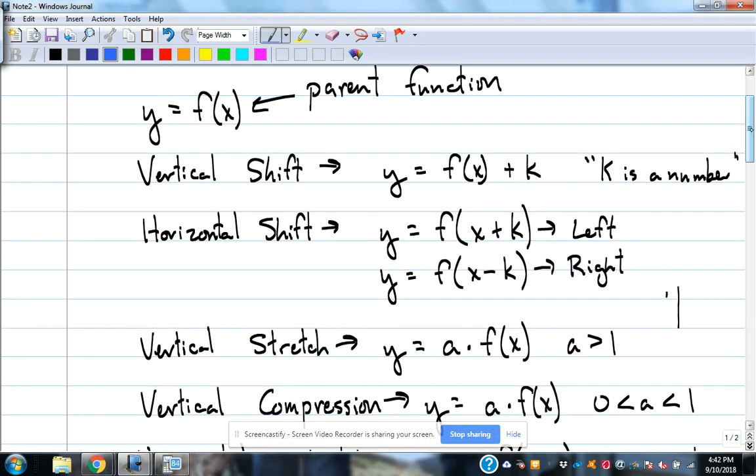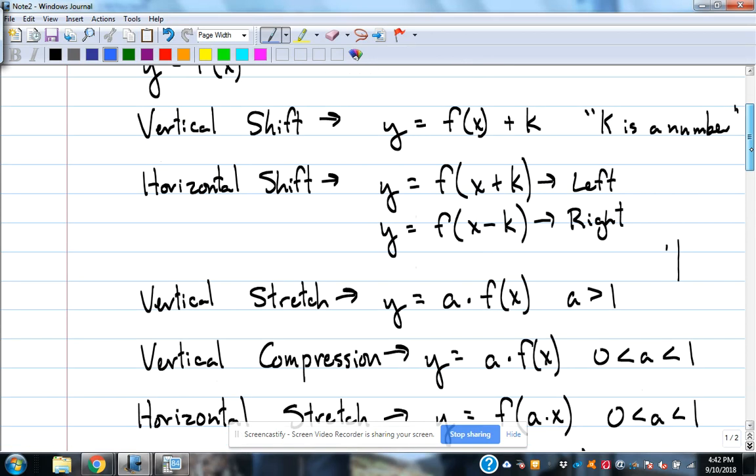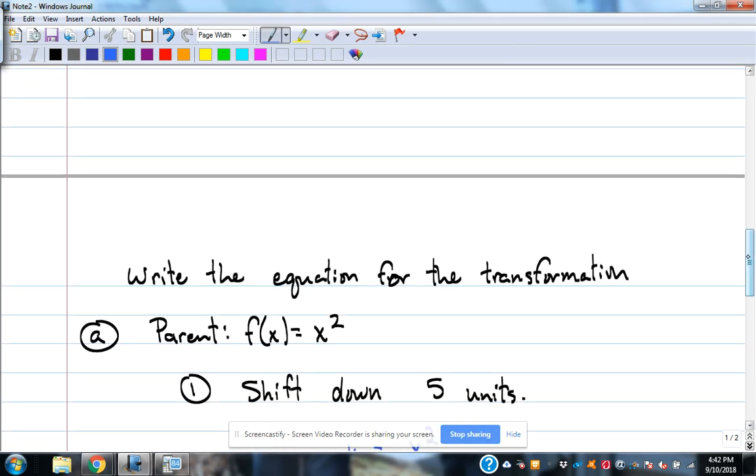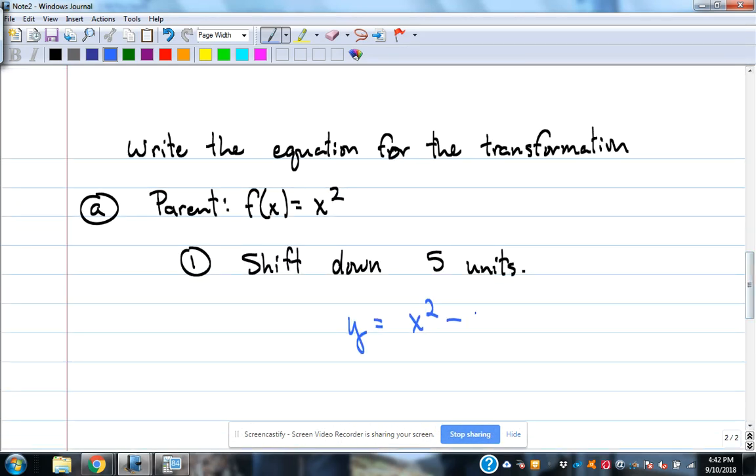We had a vertical shift. If it's a vertical shift, you're going to take the parent function and add or subtract how many we're moving it. If we're moving down, we're going to do what? Subtract 5. So we're moving down 5. So our function then would be x squared minus 5. That's what we're after.